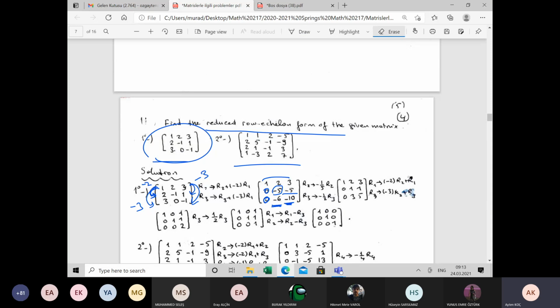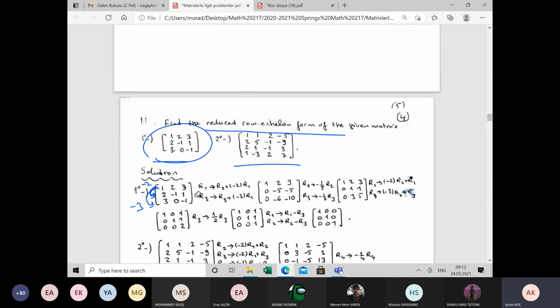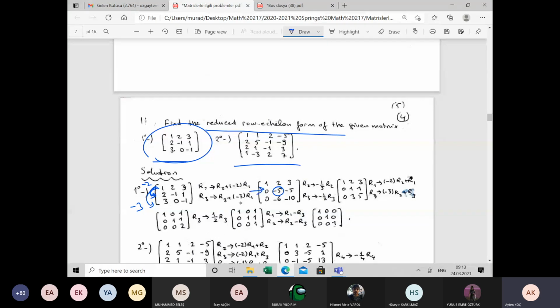We obtain the second matrix. The next step is to get a leading one in the second row, and it is easy to get 1 here. So multiply by 1 over -5, and we get 0 1 1.